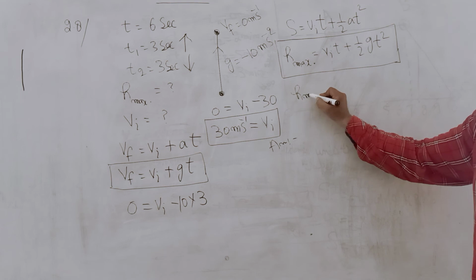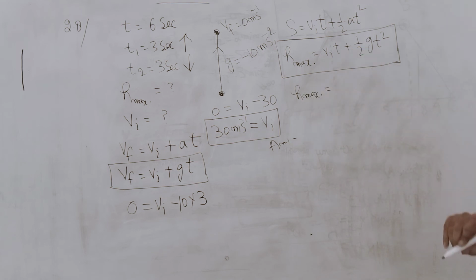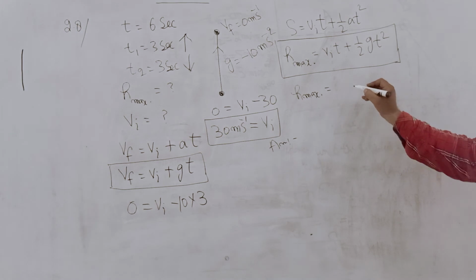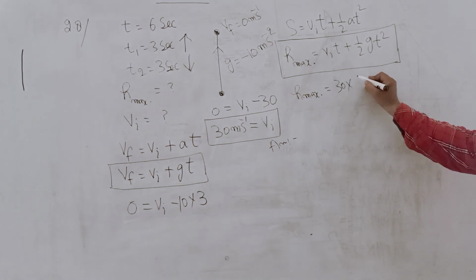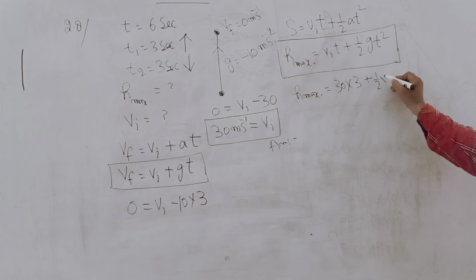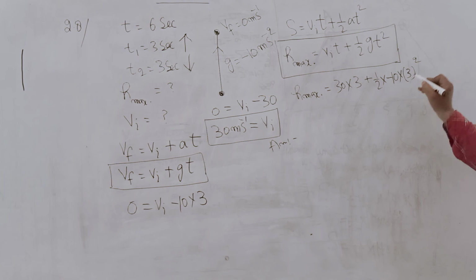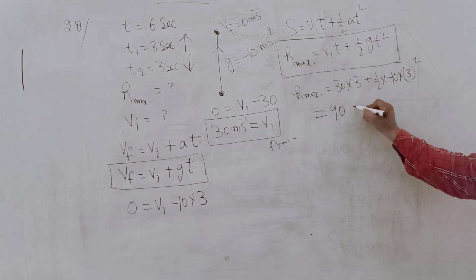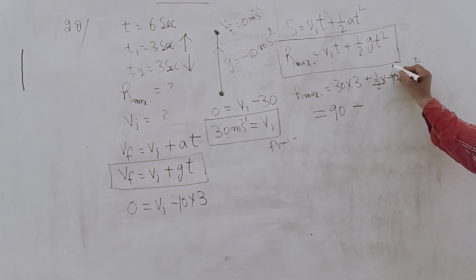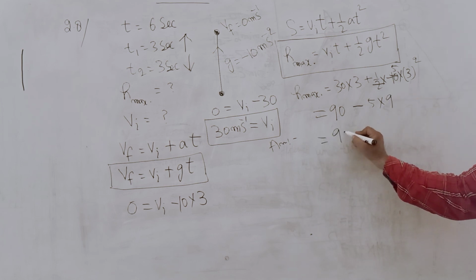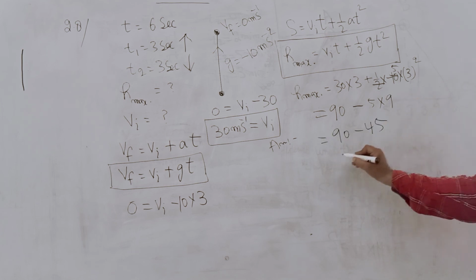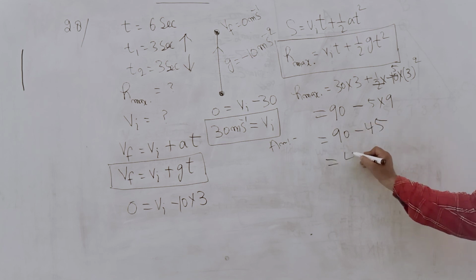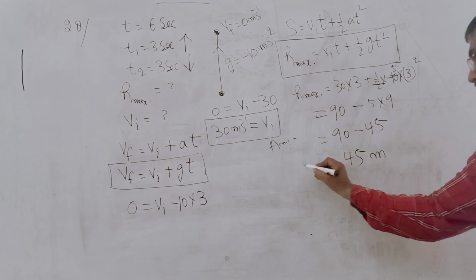H maximum is equal to 30 times 3 plus half times minus 10 times 3 squared. 30 into 3 is 90, minus 5 into 9 is 45, 90 minus 45 is 45 meter.